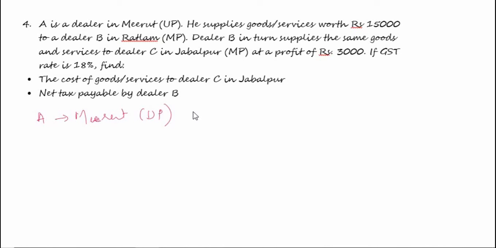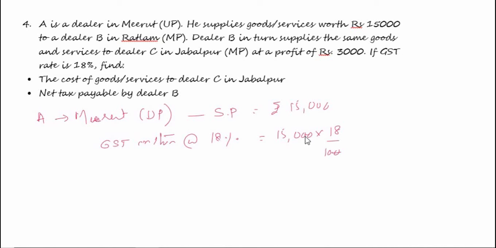And he supplies goods and services. So his selling price is rupees 15,000. Now what is the GST on this, at the rate of what percentage? It's 18%. GST on this is 15,000 into 18 by 100.